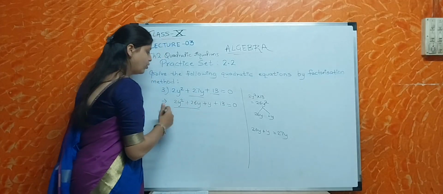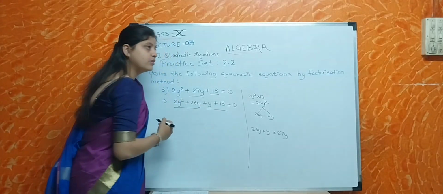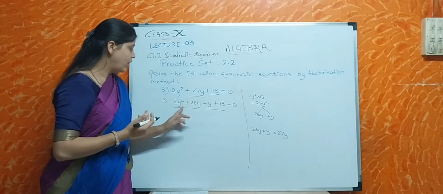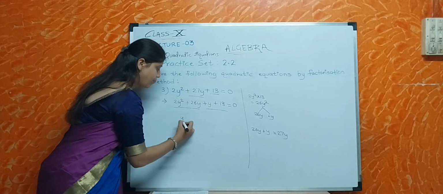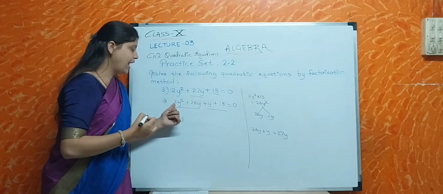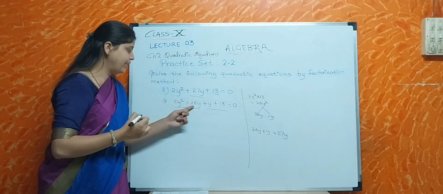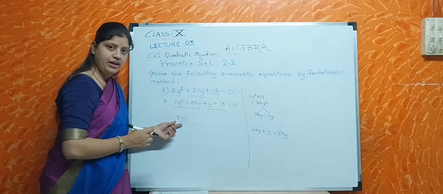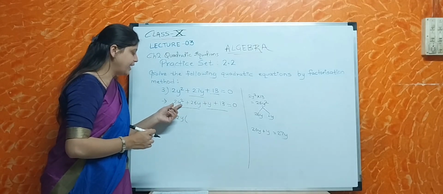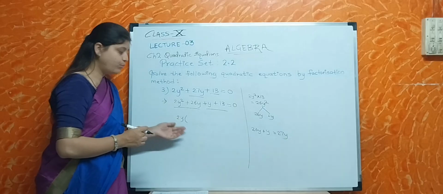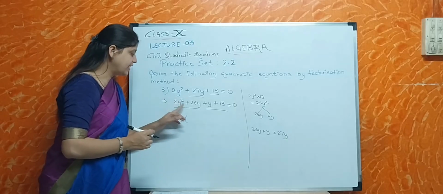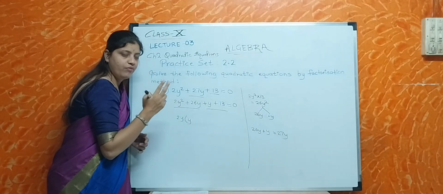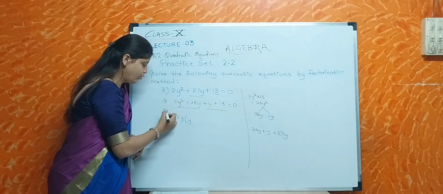Now the next step is to take common in both of the pairs. So what is common in here? Y is common, we know that. But also we have a multiple of 26 as 2 here. 2 into 13 is 26. So if we take 2y outside the bracket, inside the bracket remaining is y, because y square, here 2y in y square, y into y.